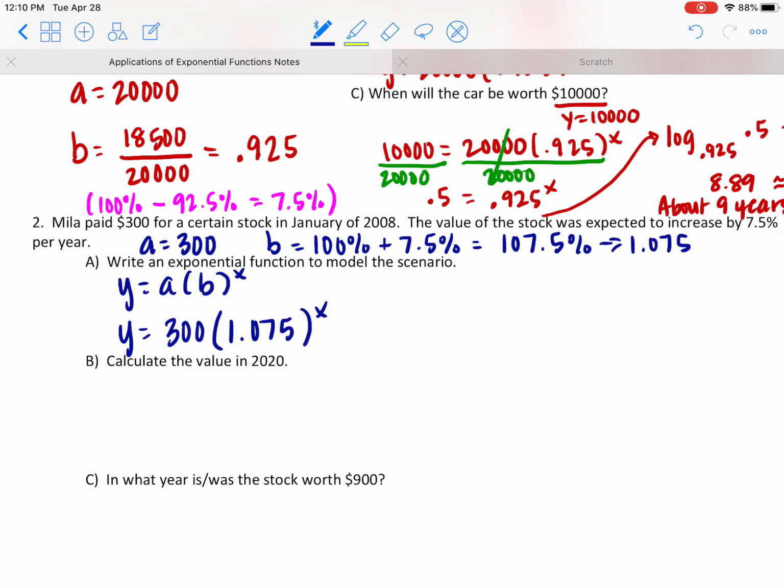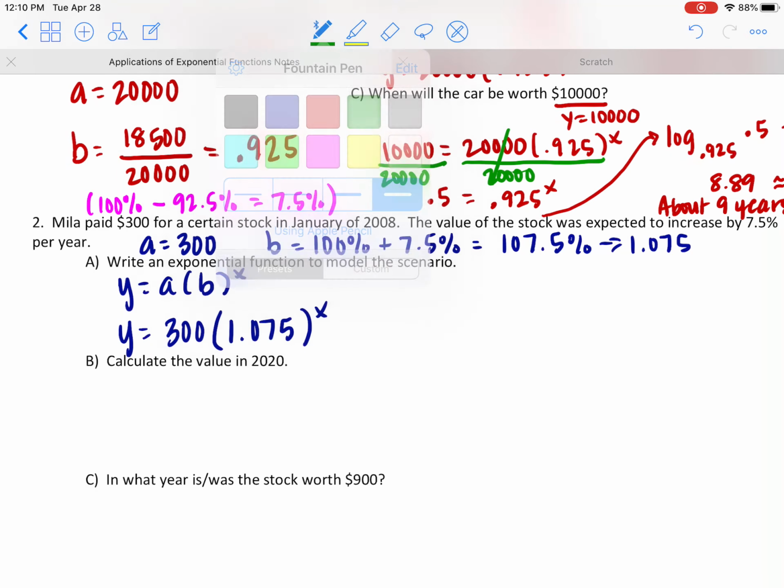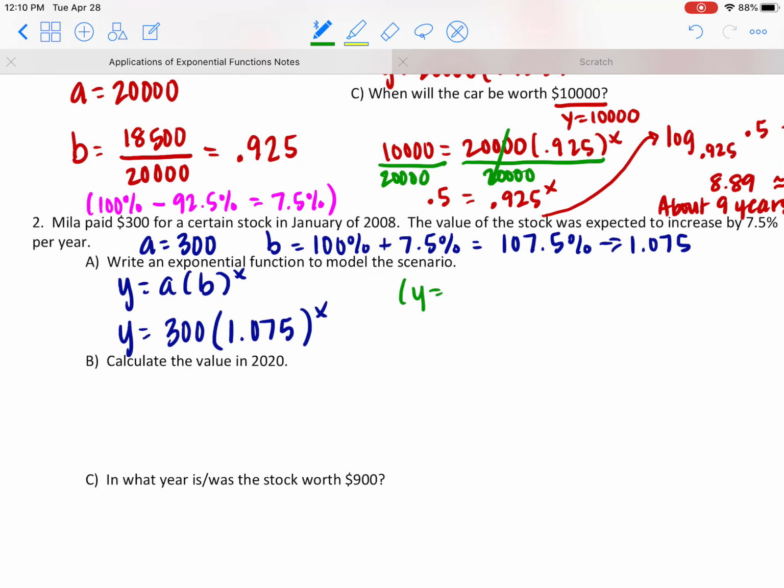So we're looking at a starting value of 300, and then 1.075 in there for b. And that number being bigger than 1 does show an increase. It will show growth of our function. If that was a percent decrease, we would subtract that percentage from 100.